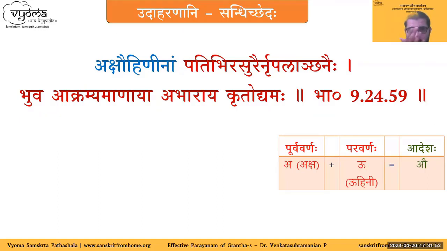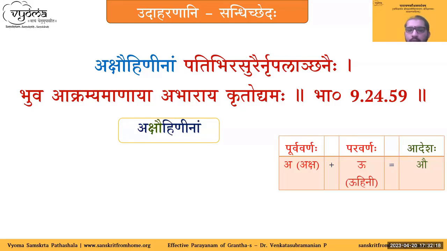So this is an example from Bhagavatam. Akshauhinam patibhir asurair nripalanchanaih bhuva akramyamanaya abharaya kritodyamaha. Here, if you see the first word, Akshauhinam.